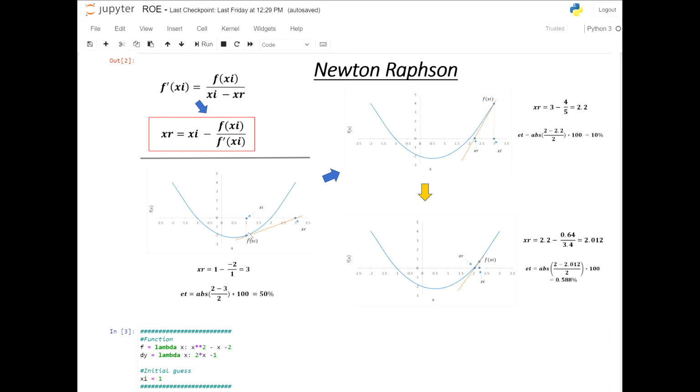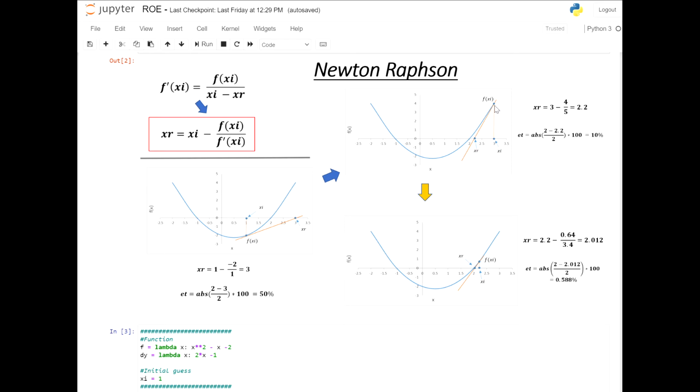When we examined the first guess as 1, we got an xr of 3, where the function at this point is -2 and the derivative is 1, and this gave us a true error of 50%. We basically took that approximation now, which is 3.